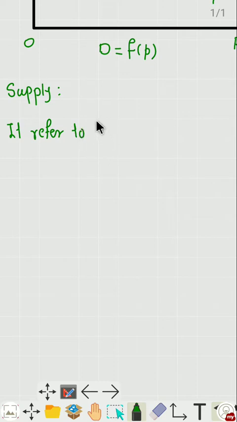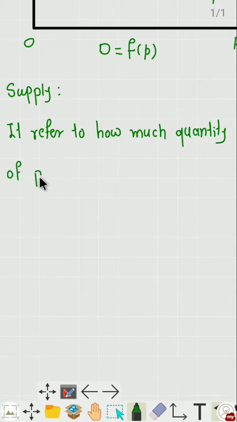It refers to how much quantity of a product the market can offer.